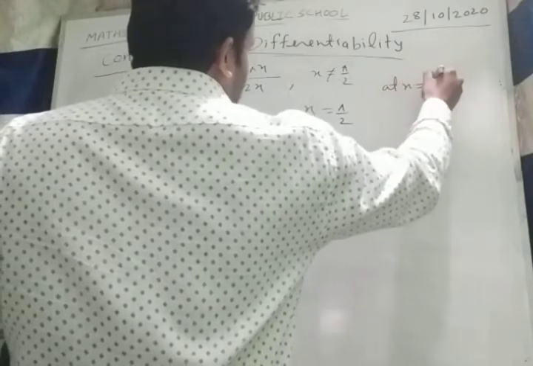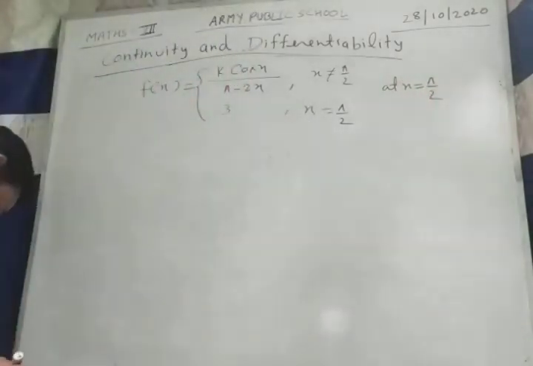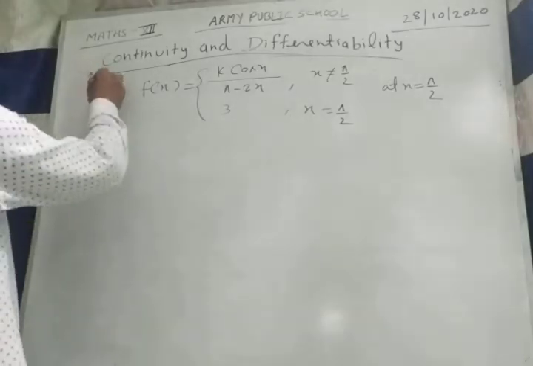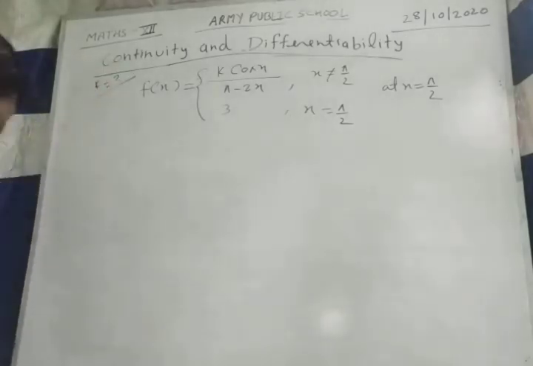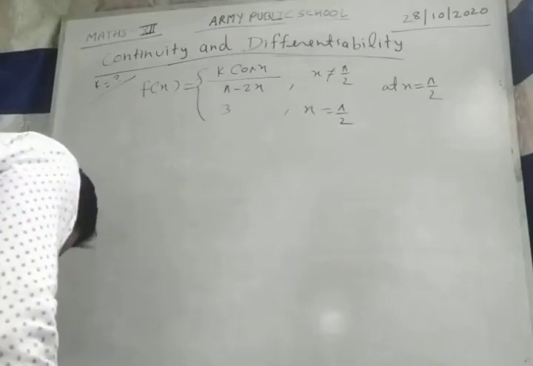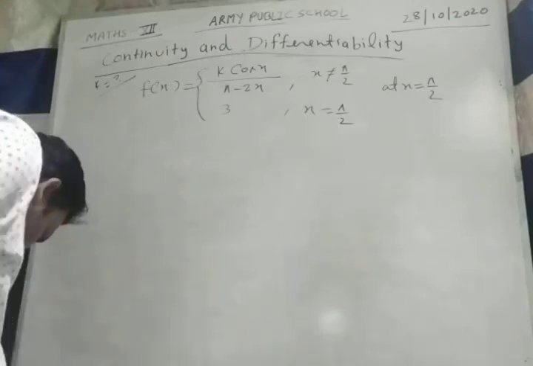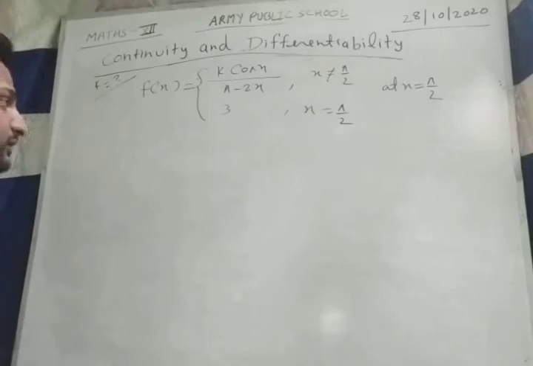At x is equal to pi by 2, we have to find the value of k. Again we have to find the value of k so that the function is continuous at x is equal to pi by 2.